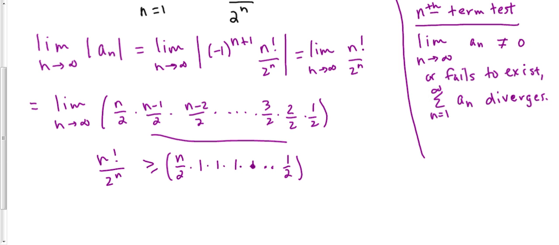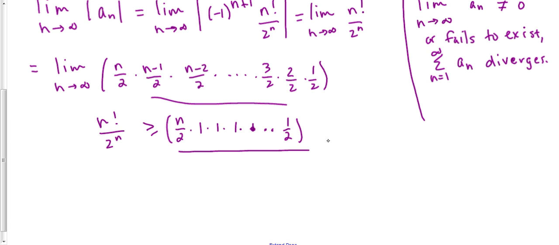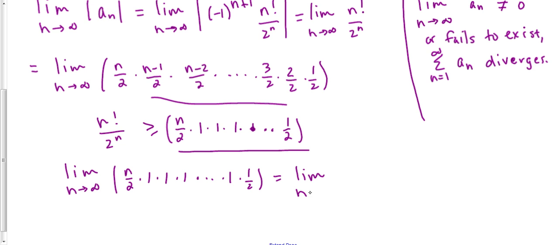That means I can take the limit, and I get the limit as n goes to infinity of n over 2 times 1 times 1 times 1, dot, dot, dot, times 1 times a half. If I simplify, this is really the limit as n goes to infinity of n over 4.